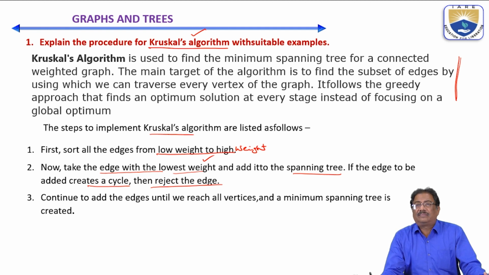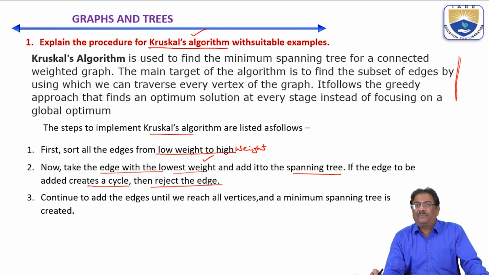While selecting the edges, we go for the lowest weight and select that edge. While adding that edge to the spanning tree, it should not form any cycle. If it forms a cycle, we should not select it. We are going to reject that edge.